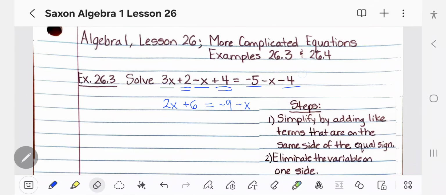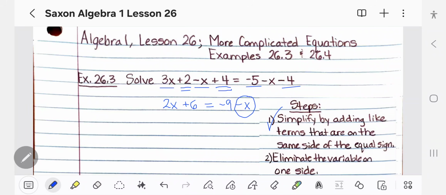We just accomplished step 1 on both sides. Step 2, eliminate the variable on one side. Now we learned in the last video that you can choose either side you want. So let me give you your options. Option A, you could subtract 2x's from both sides, or you could add x to both sides. The book chose to add x to both sides.